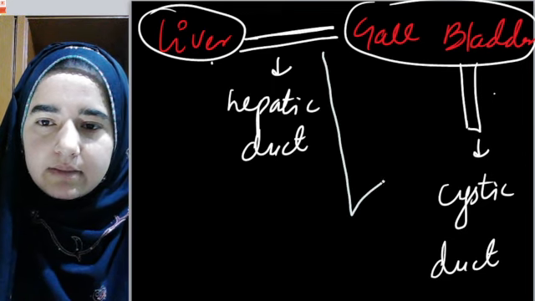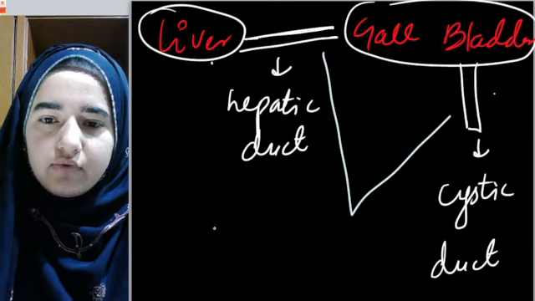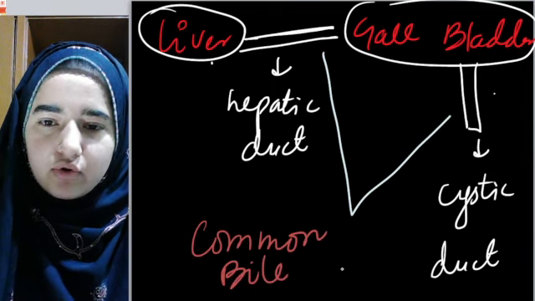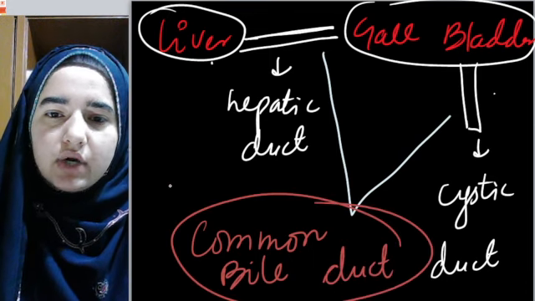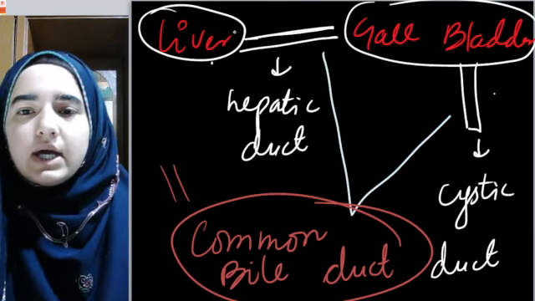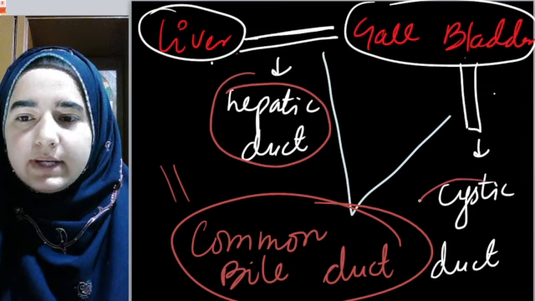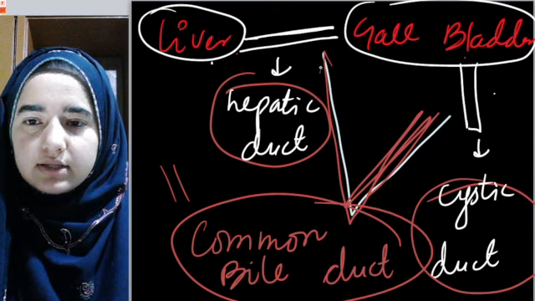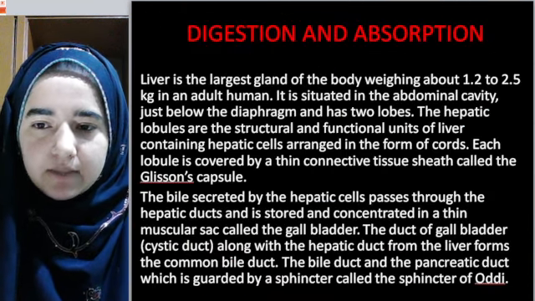Both these ducts, hepatic duct and cystic duct, together form the common bile duct, which joins with a duct from the pancreas. Remember, both these ducts fuse together and form another duct known as common bile duct.